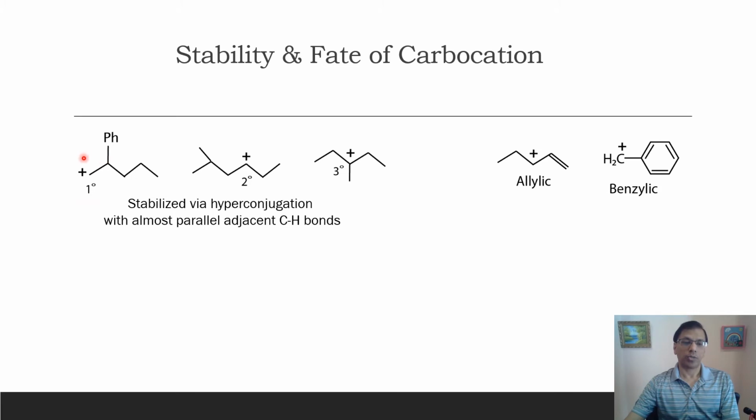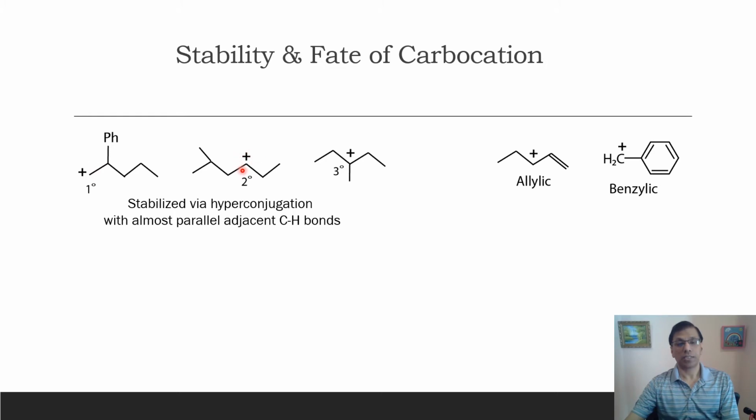So in a primary carbocation, if you recall, it has an empty p orbital, and this p orbital can overlap with the CH bond on the adjacent carbon. But that CH bond needs to be near parallel to the empty p orbital for the hyperconjugation to occur. So in case of primary carbocation, there is only one CH bond that can be parallel to the p orbital.